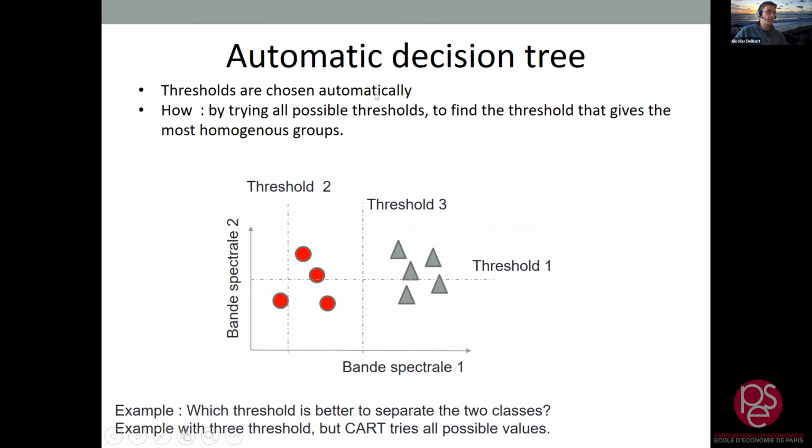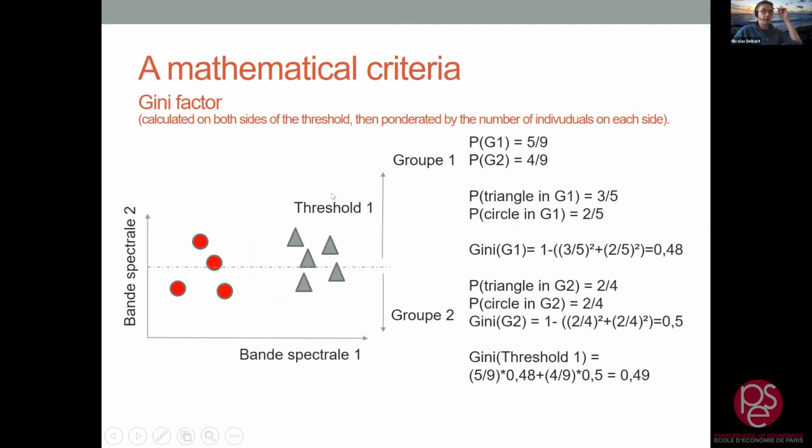So basically, the CART method introduces statistical indicators that measure the homogeneity of groups. And I'm sure that I don't have to introduce what a Gini factor is to economists. This is the mathematical criterion that is used by the CART method in order to find the best threshold.